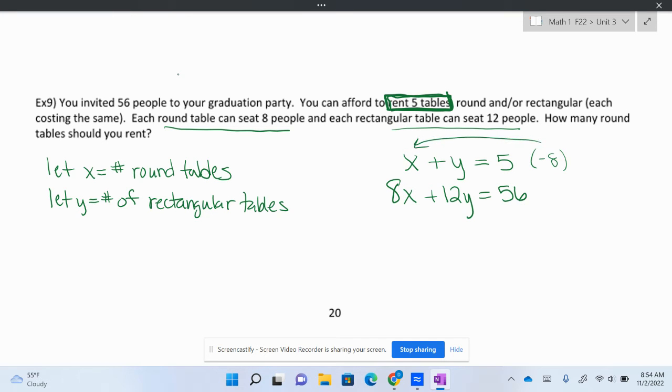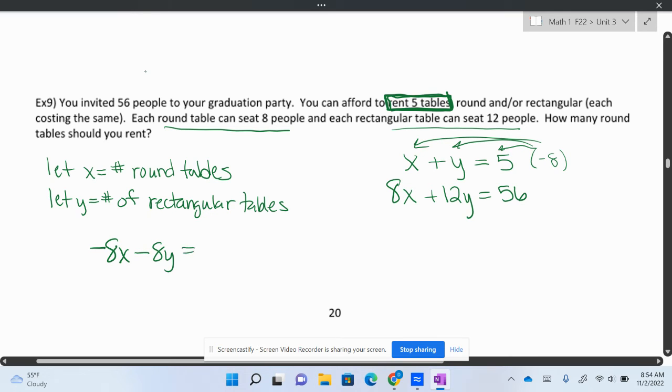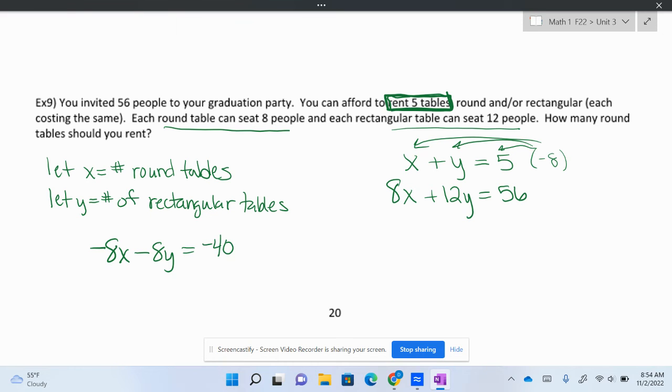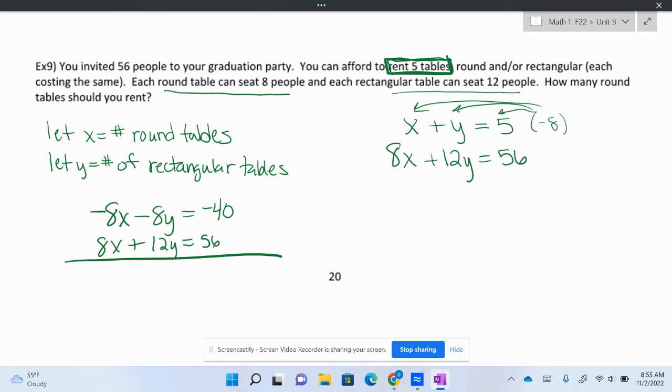But I'm going to show my work down here. So -8 times x is -8x. -8 times y is -8y. And -8 times 5 is -40. And I'm going to stack the second equation right below that. 8x plus 12y equals 56.